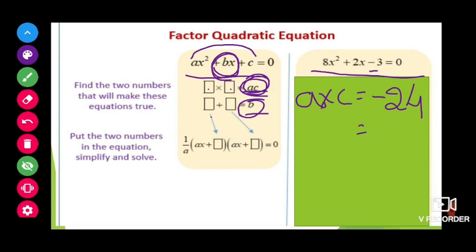Now I should take factors of this such that if I multiply, I should get minus 24, and if I add, I should get 2, the middle term.